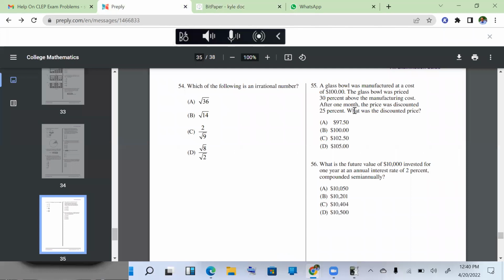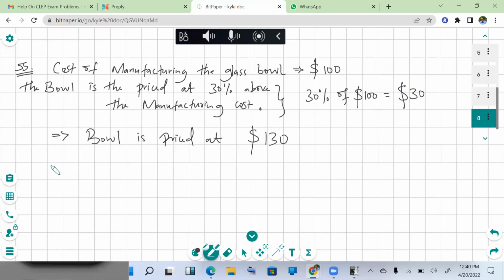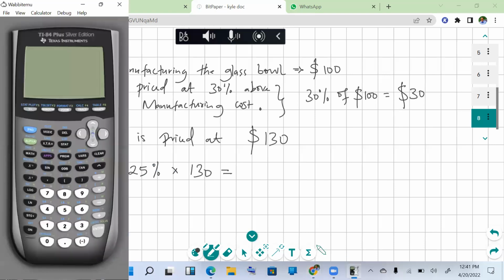But then something else happens. After 1 month, the price is discounted by 25%. So discount. They take 25% of the 130 and they give it to their customers as a discount.